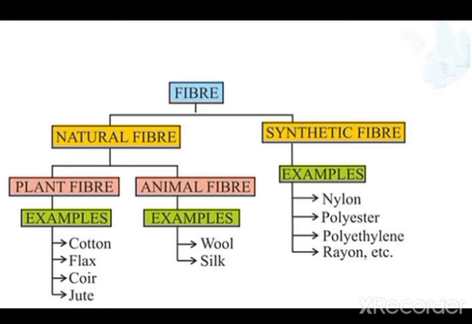Examples of natural fibers obtained from plants are cotton, flax, coir, jute, and natural fibers obtained from animals are wool and silk. Examples of synthetic fibers are nylon, polyester, polyethylene, rayon, etc.